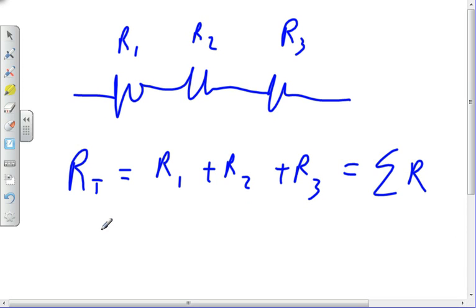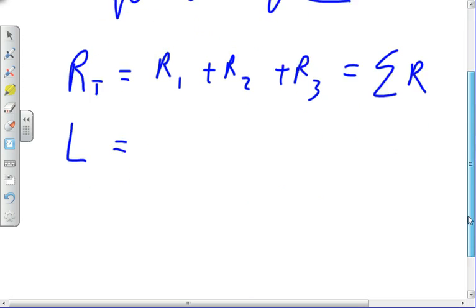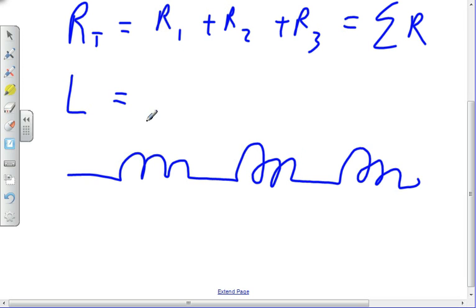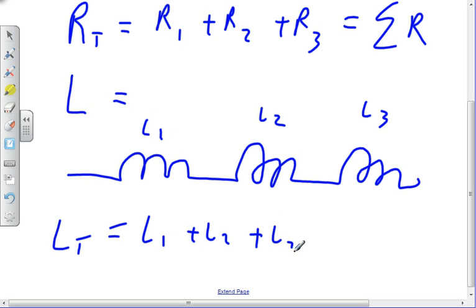If I have inductance L, so I've got 3 inductors in series, L1, L2, L3, then my total inductance is going to be L1 plus L2 plus L3, plus or minus the mutual inductance, right?